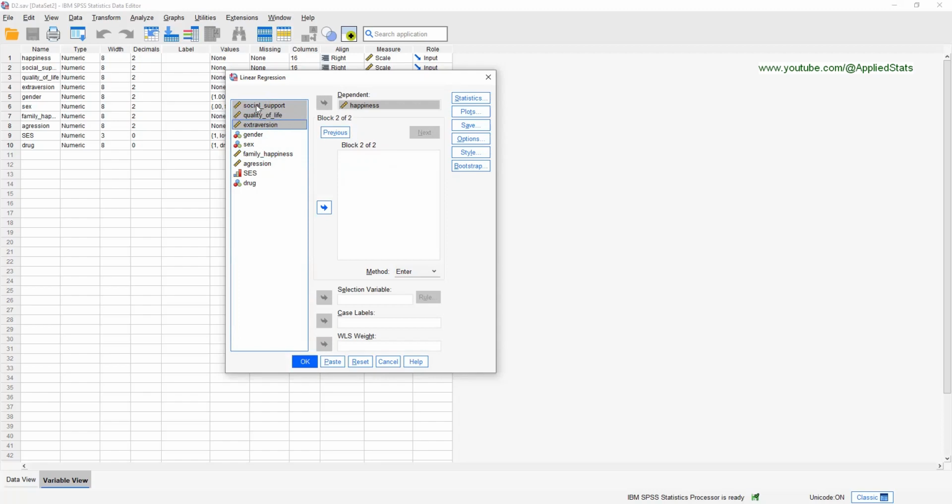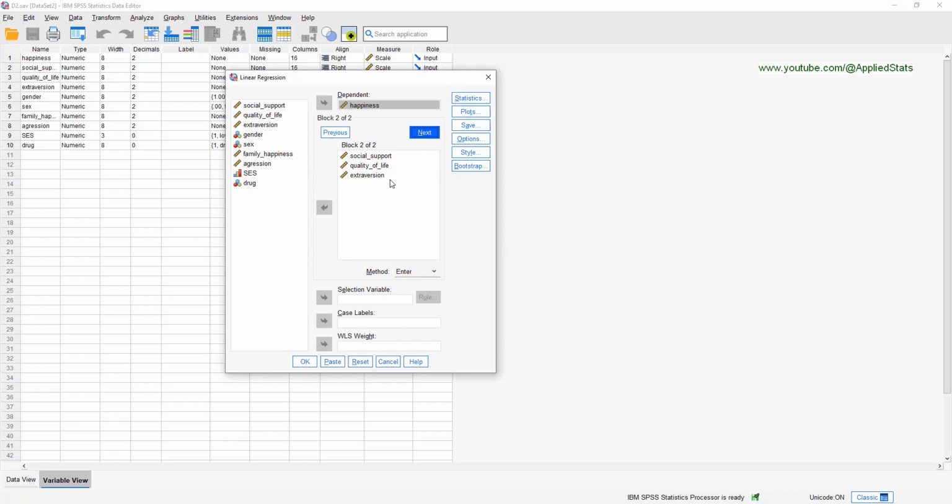For this demonstration, we are going to send 3 variables to our second block. You can check the previous block. So you have family happiness in your first block. And in your second block, you have 3 variables: social support, quality of life, extroversion.